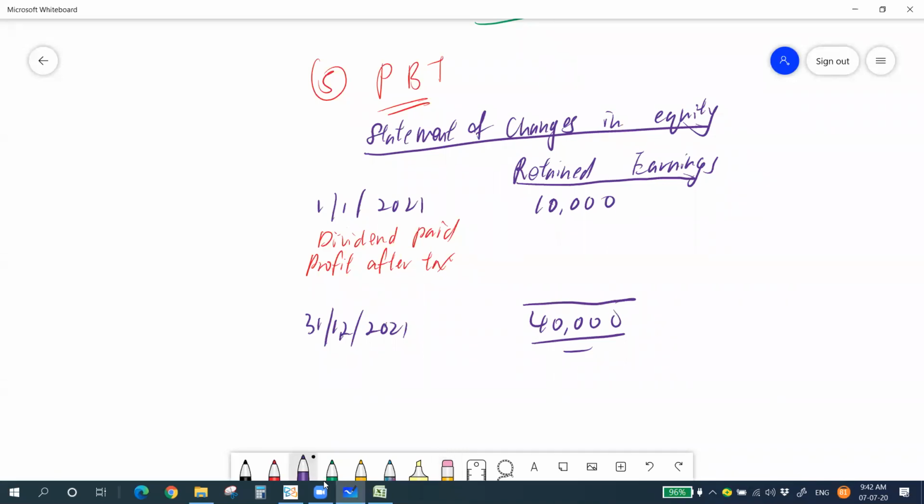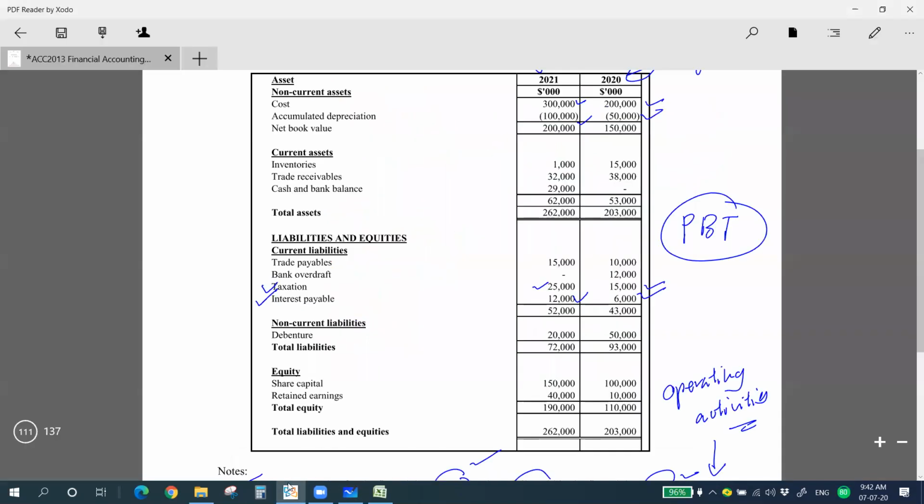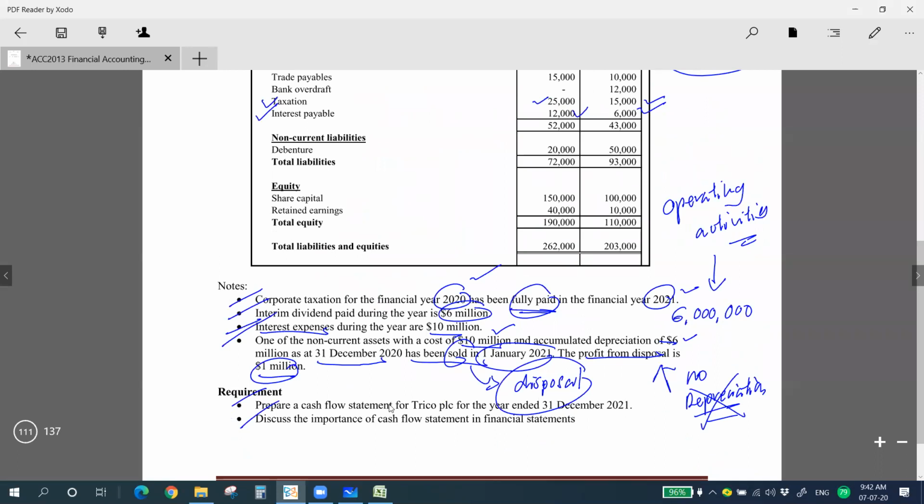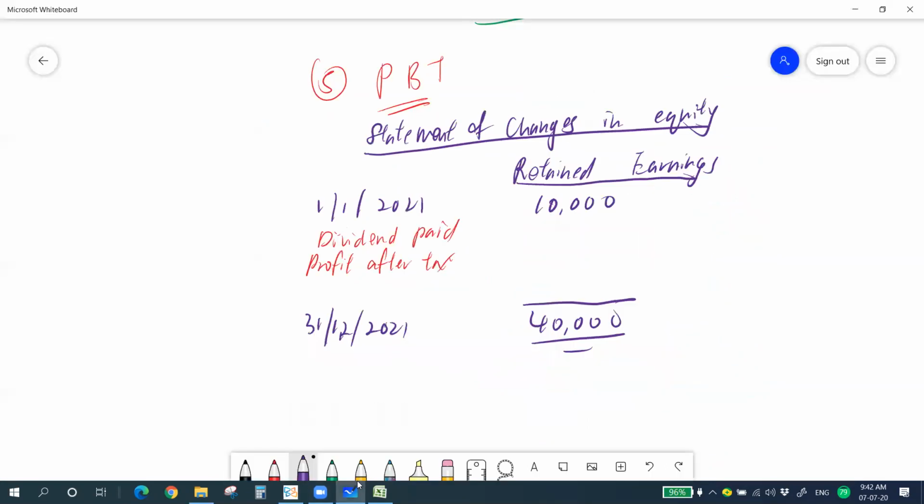In this question, do we have dividend paid? Yes, we have dividend paid. The textbook, the second additional information, what it said, we have an interim dividend payment 6 million. And this dividend paid is what? Dividend paid is a negative amount in the retained earnings.